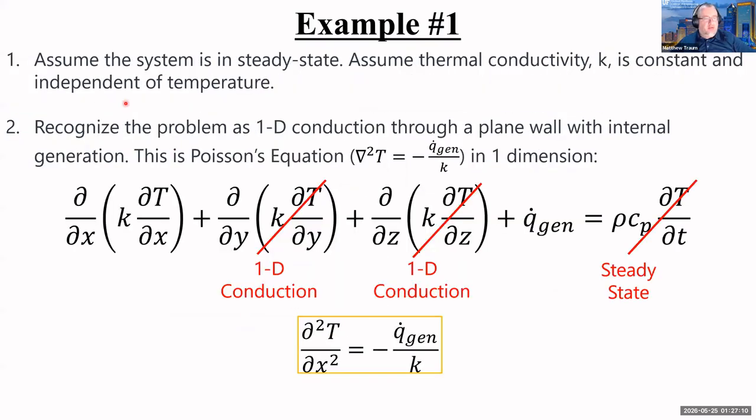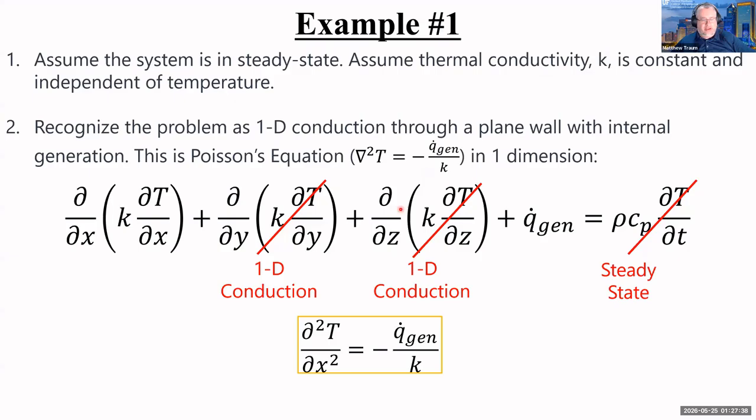Okay, so first we're going to make some engineering assumptions. So we're going to assume the system is in steady state. And we're also going to assume that the thermal conductivity is constant and independent of temperature. And so with those two assumptions, I'm going to go back to the heat diffusion equation, which is the most general version of the conduction equation, and I'm going to apply these assumptions.